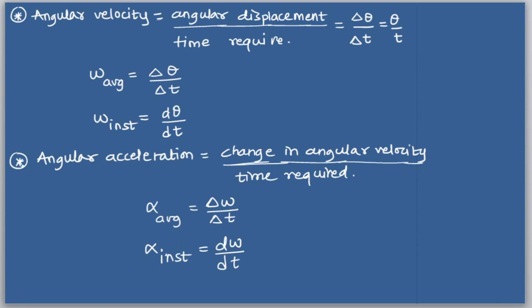Fine. Now the next point that I am going to write is equations of motion with uniform angular acceleration. Just like equations of motion with uniform linear acceleration, or a constant linear acceleration, let us write the next point as equations of motion with uniform angular acceleration.